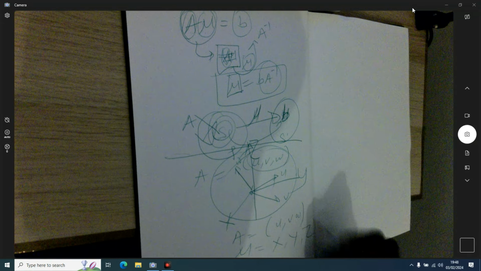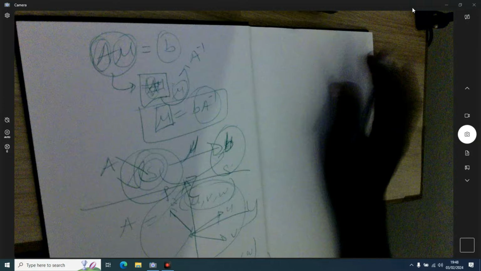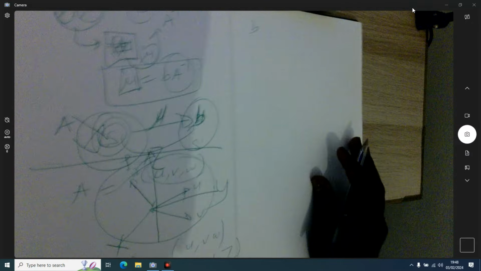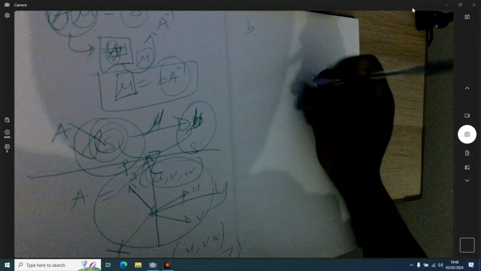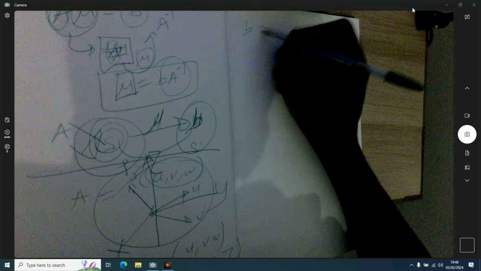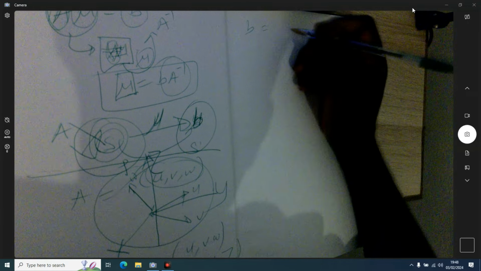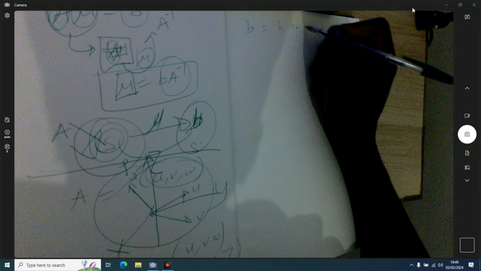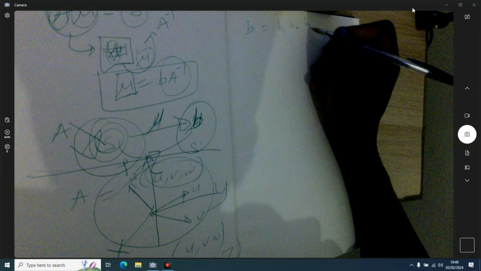But we got the expected output. We want to get something from this problem, and that expected output can be B, which could be another vector as well, which is B1, B2, B3. They're all vectors in the space.